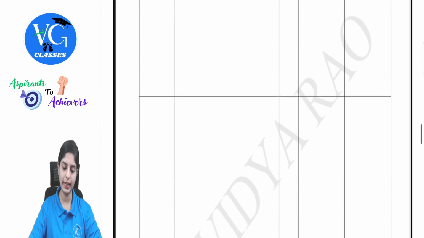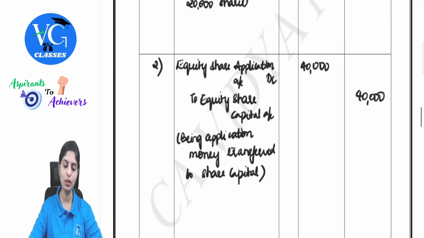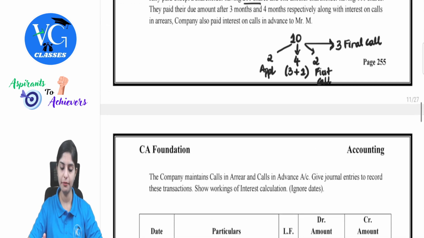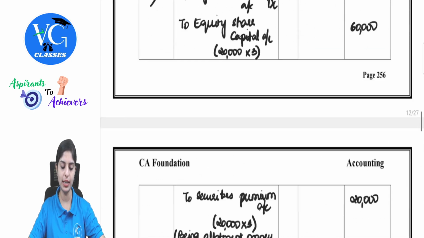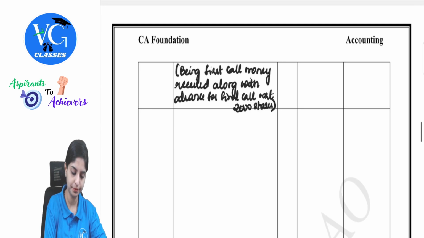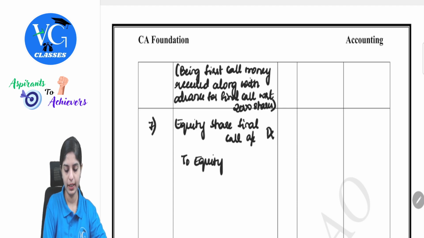Now let's continue with the entry. We had completed with the first call. Next, making final call due. Normal entry, making it due first. So final call is at 3 rupees, 20,000 shares. What would be the entry? Equity share final call account debit to equity share capital account.